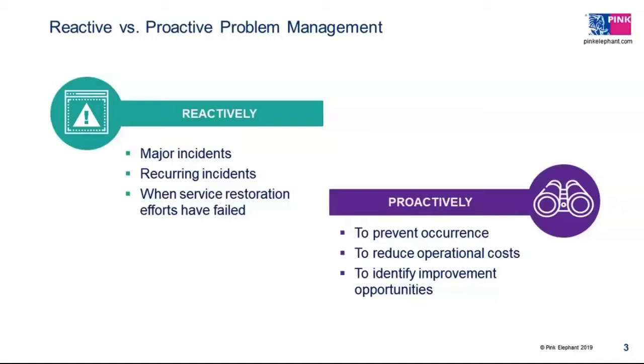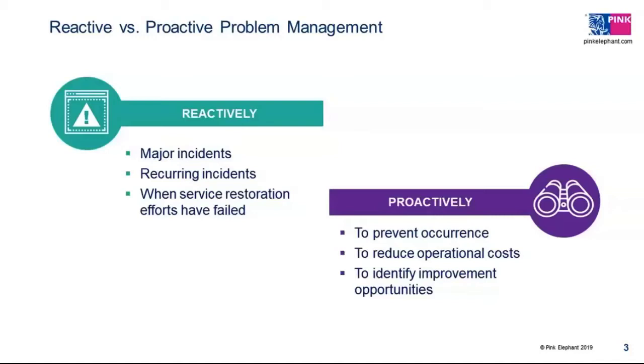Now, on the other hand, proactive problem management is really about making that decision that we're going to seek these root causes to prevent problems from happening, to stop the impact on the organization, both on the business side with the loss of productivity, and on the operational side for IT, because of the money that it costs to handle incidents and problems.